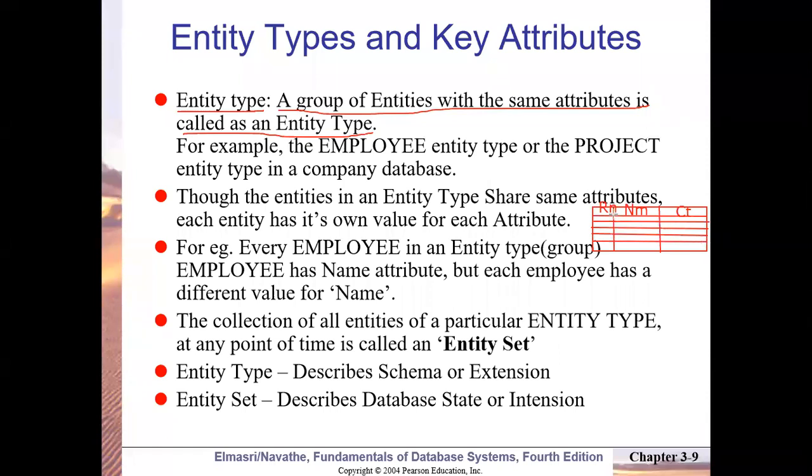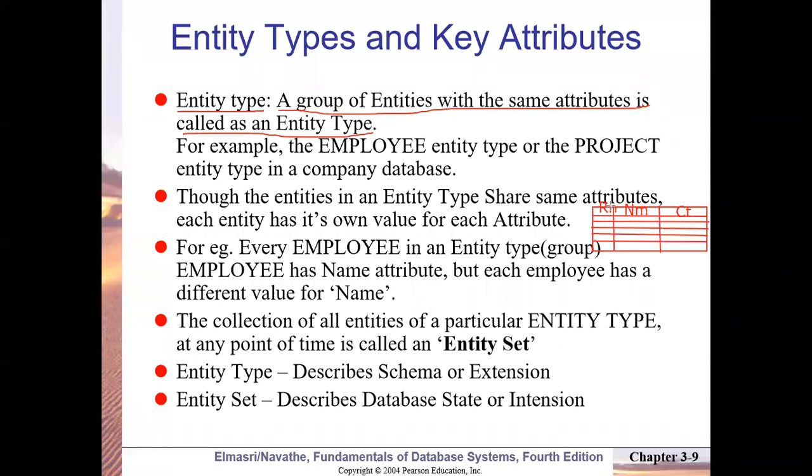Individual entities are the objects that belong to the entire group. Fine. So what does this statement say? Although entities in an entity type share the same attributes, like student is an entity type, each entity will have the same attributes like roll number, name, and city. But every entity will have a separate value, isn't it?